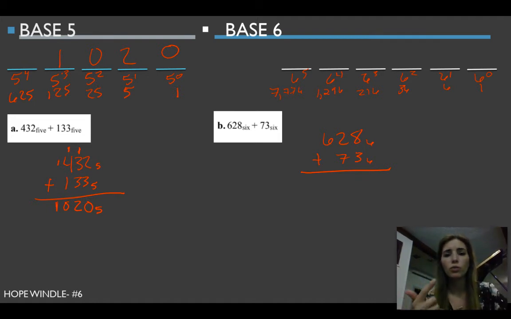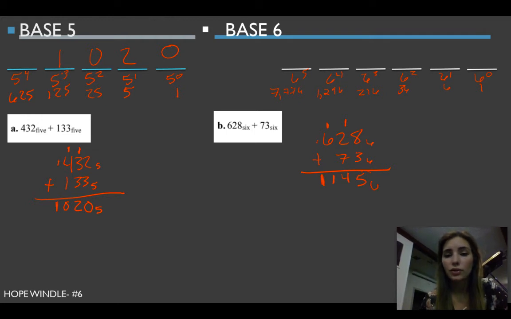So we have one group of 6 that we can exchange, and we have a 5 left over. So let's take 1 plus 2 plus 7, which is going to be 10. Again, we only have one group of 6 we can exchange. We have a 4 left over. And then 6 plus 1 is 7. That's going to give us 1. And then we have an extra 6 here.